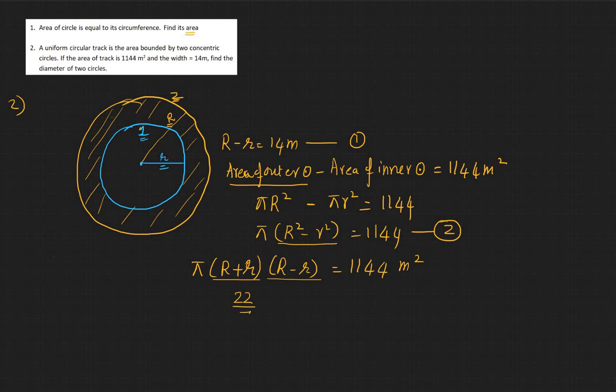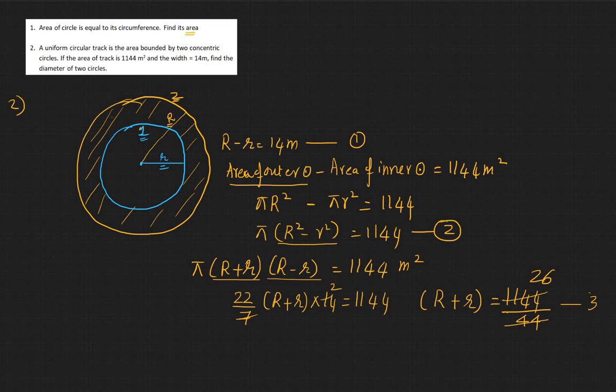So pi is 22 by 7, into R plus r into 14 would be 1144, or R plus r would be equal to 1144 divided by 44, it'll get cancelled, and that'll be 26. So you have a third equation now. You can solve this by solving the simultaneous equations.